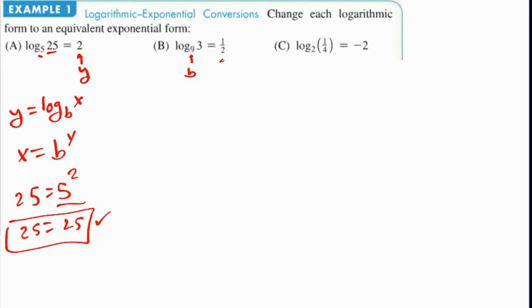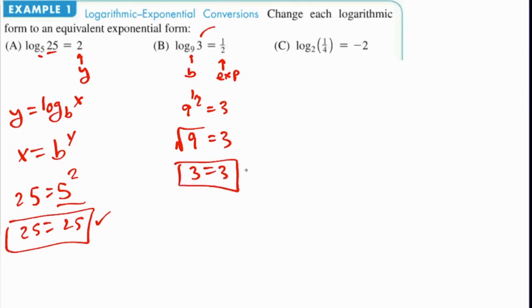This is our base. This is our exponent. So we want 9 to the half power, and that must equal our argument 3. The half power means square root. And we see everything balances out. Part C, this is our base.